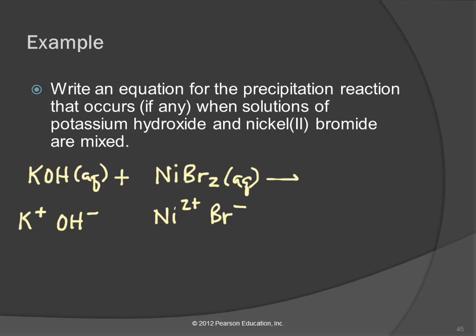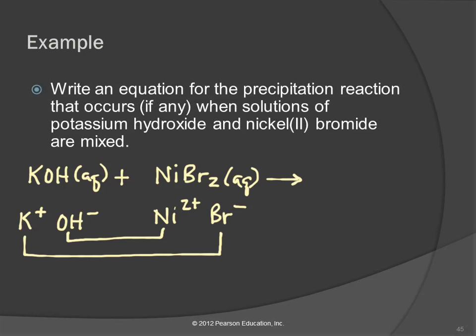And then I'm going to have an arrow. What are the possible products? Well, that's swapping partners here. Potassium came in with hydroxide. Let's see how potassium and bromide get along. And then that leaves nickel and hydroxide to get to know each other.